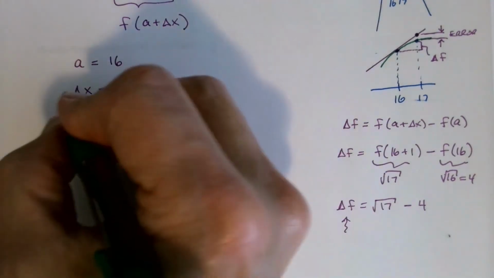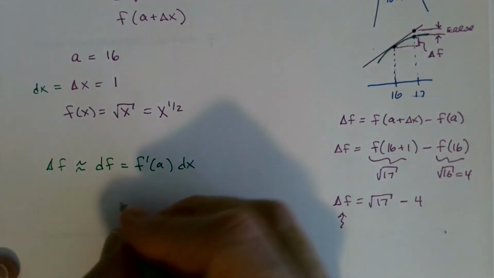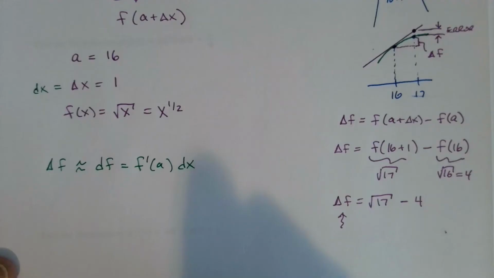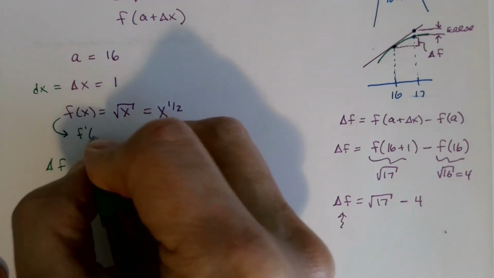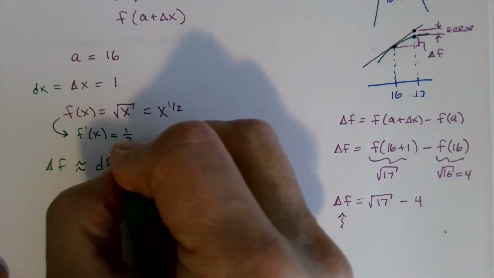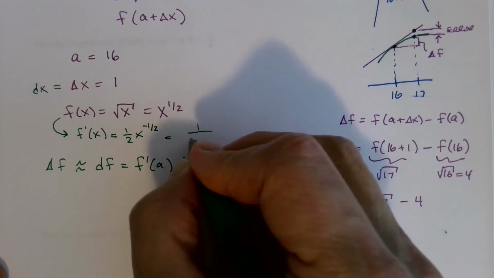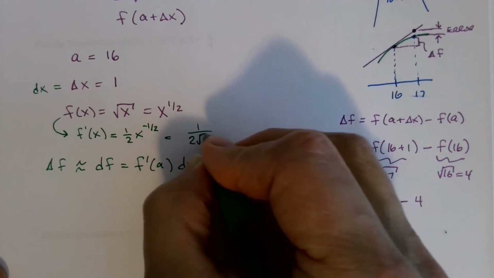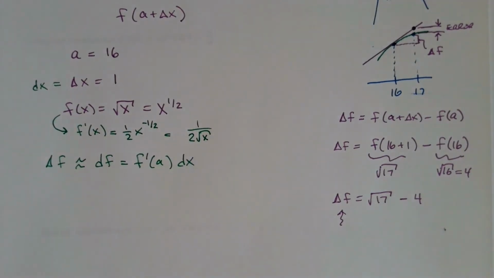Remember, dx is the same as delta x. By the way, we need f prime of x, right? So what do we have for f prime of x? Just power rule, we've done this a million times. Bring the 1/2 down, subtract 1. And so it's 1 over 2 square root of x, right? x to the negative 1/2 is 1 over x to the positive 1/2.